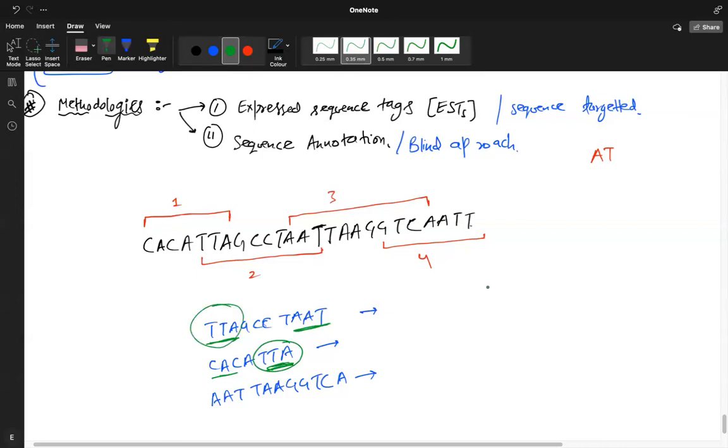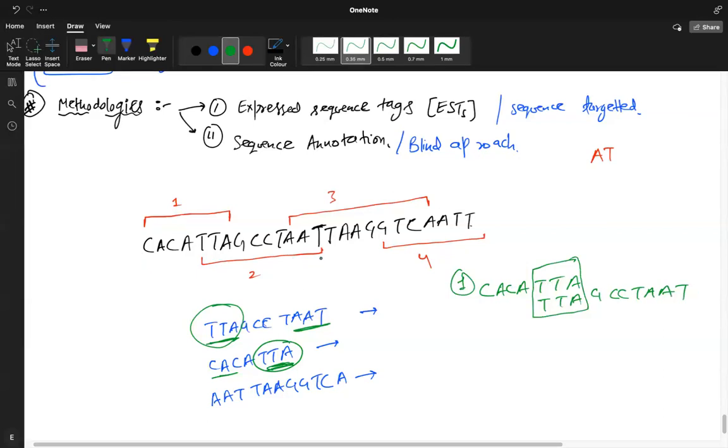You understand? Then it will try to align it like CACA, TTA, and then TTA, GCC, TAAT. It will keep this as 1 and this as 2 and merge these because they look the same. This is the flanking sequence. So the sequence becomes CACA, TTA, GCC, TAAT.